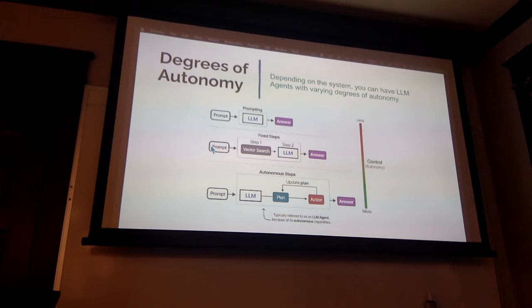So we have agents that go from very simple one-shot prompting all the way to varying degrees of autonomy. They can be smarter. With all of the steps that you put in, you have a chain, or a workflow rather, in the middle there of fixed steps that the LLM can walk through.